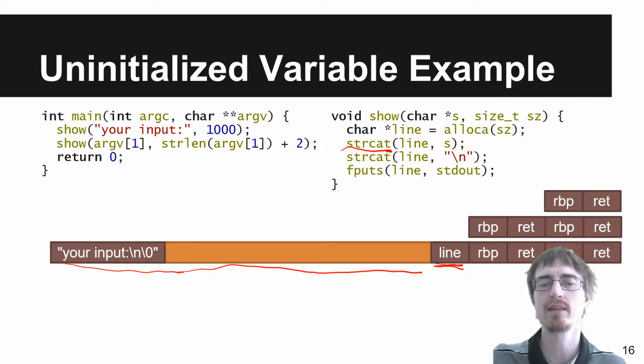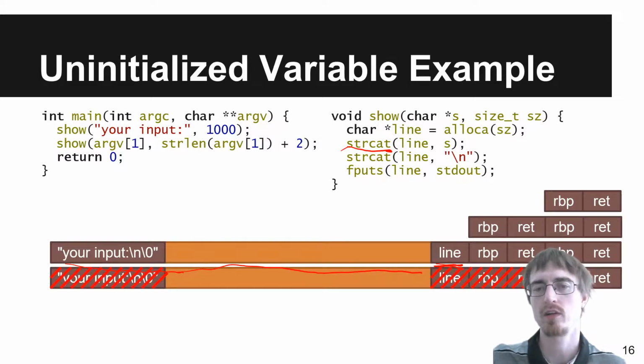So now we get to the return of the show function. At this point, it deallocates the part of the stack that was used for the stack frame of the show function. Right? So the deallocated parts are now marked in red stripes. The data is still there, but it's just no longer supposed to be used.